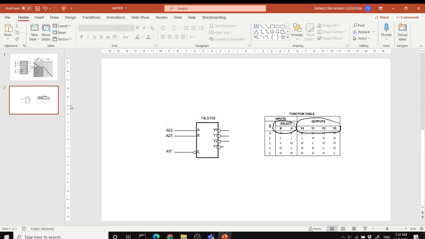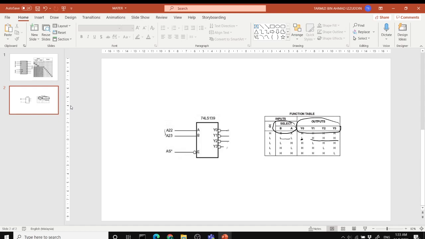For example, if both inputs A22 and A23 are low, then of the outputs of the 74LS139, Y0 will be low and the rest will be high.